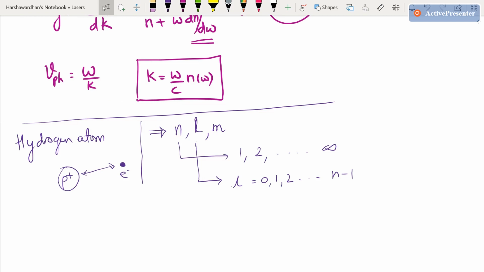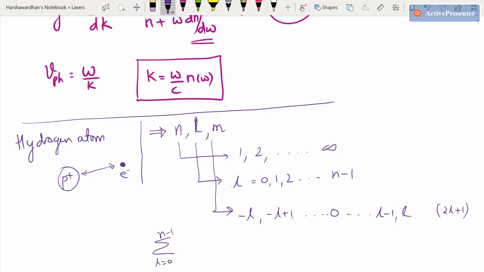And then for every L, there are values from minus L, minus L plus 1, all the way to plus L. So there are 2L plus 1 states associated with every L. If you look at this, the number of states available for a particular n is the sum from L equal to 0 to n minus 1 of 2L plus 1 states, and by the way, you can check that it comes out simply as n square.